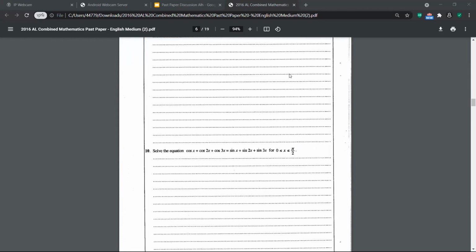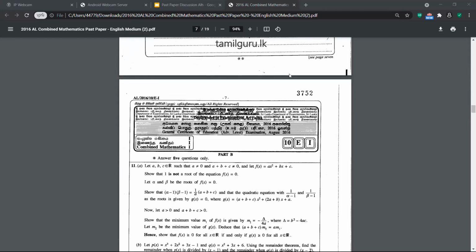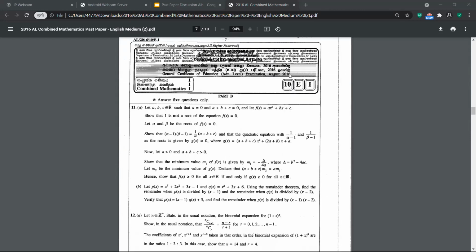Another thing on timing. When it comes to A levels, timing is very important, because when you mess up on timing, that's when you mostly mess up on the paper. Most people say you can't take one whole hour for the first part, that's a bit too much.